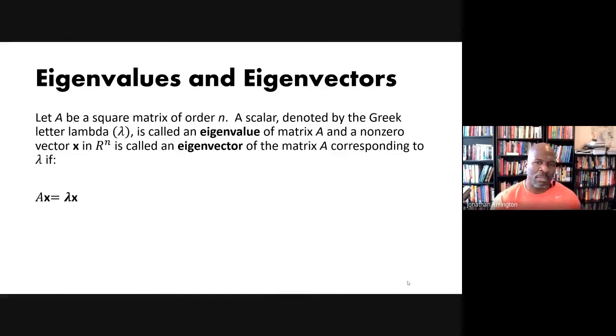And we take this matrix and multiply it by a vector, and the answer is simply a scalar multiple of that same vector. That's pretty fascinating to me. I find it intellectually stimulating that I can multiply a matrix by a vector and the result is just a scalar multiple of that same vector.